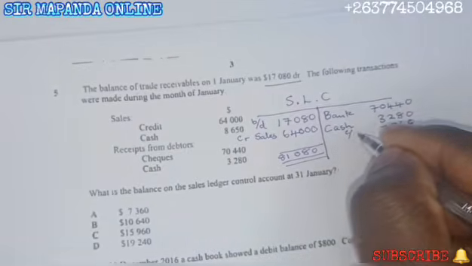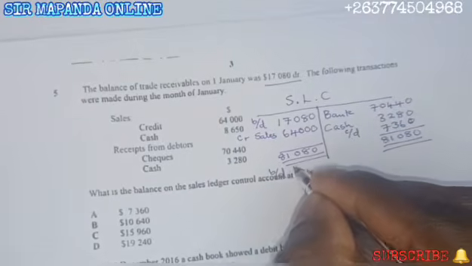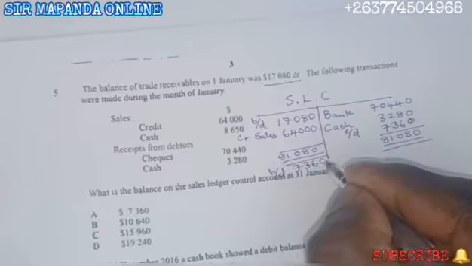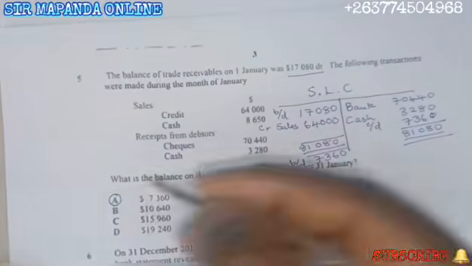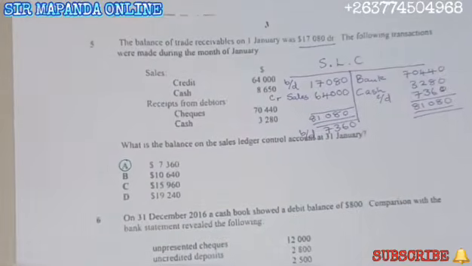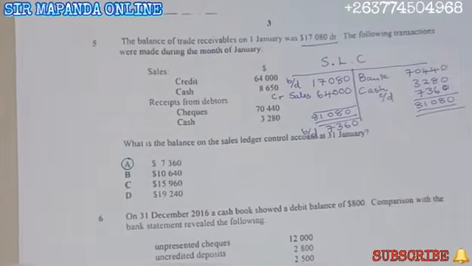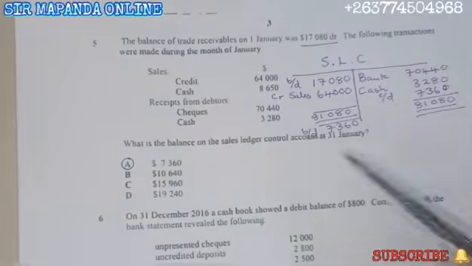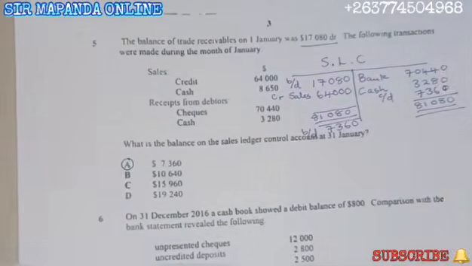And this is your balance CD. Then you bring it down, 7360. So our answer is A. This is the balance. I hope you are following, class. But if you encounter a question which asks you to find the total sales revenue to be recorded in the income statement, you then add 64,000 with the cash sales.